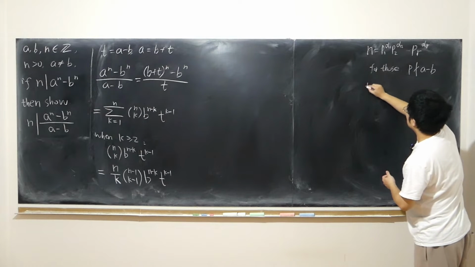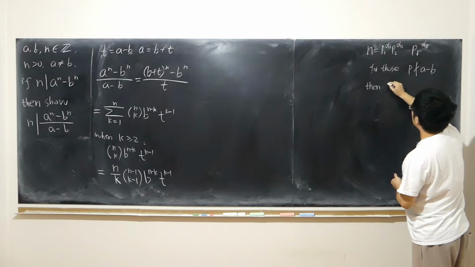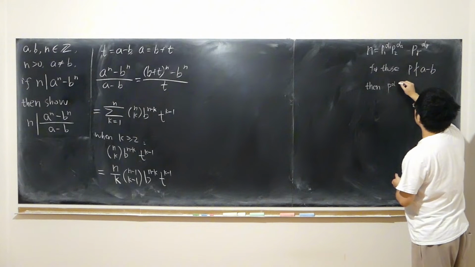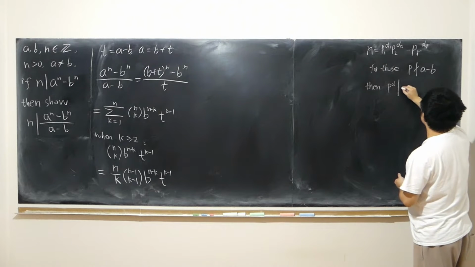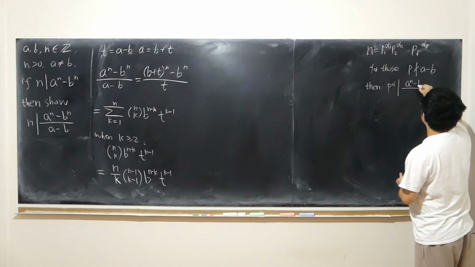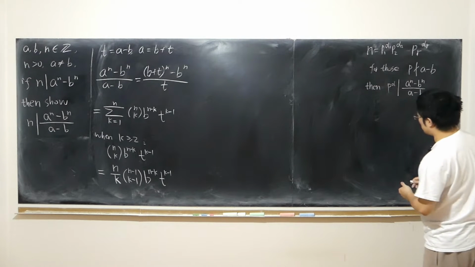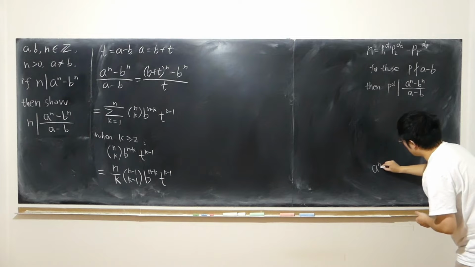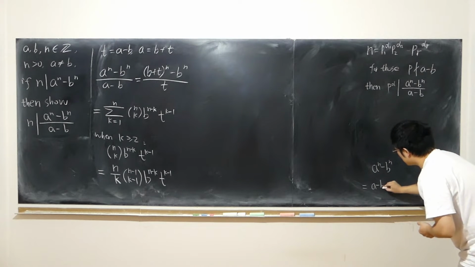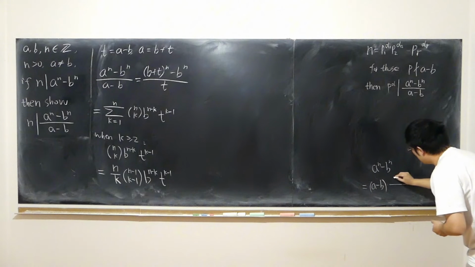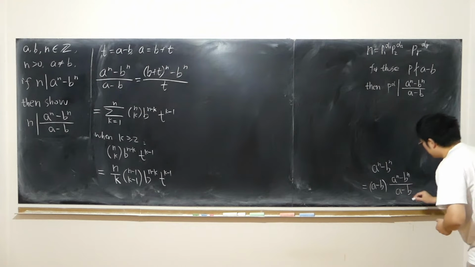Then we can say those powers of primes must divide a to the n minus b to the n over a minus b. The reason is that a to the n minus b to the n can be written as a minus b times a to the n minus b to the n over a minus b.